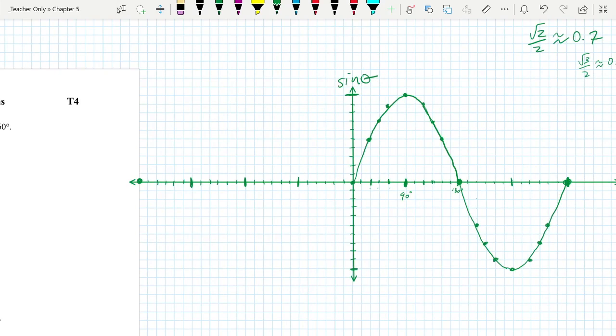So 0.1, 2, 3, 4, 5, 30 degrees. Oh, sorry, I had the eraser on. 0.1, 2, 3, 4, 5, and then 30 degrees. 6, 7 at 45 degrees. And 8, 9 at that one. And then move over 2 spots and you get to -1.